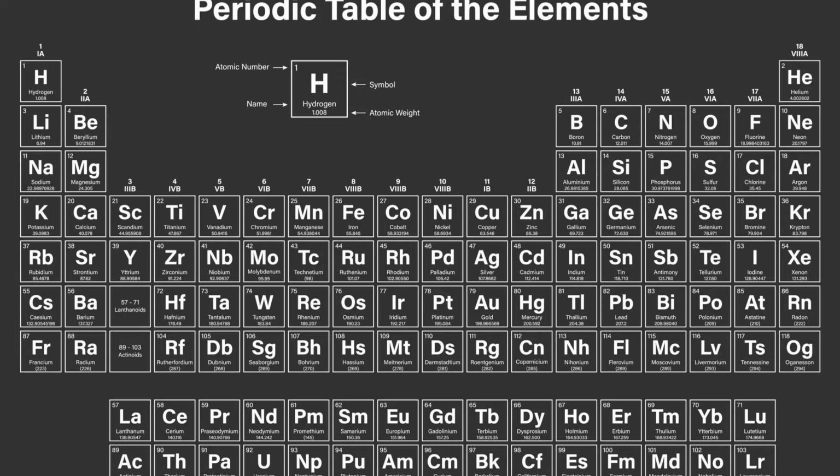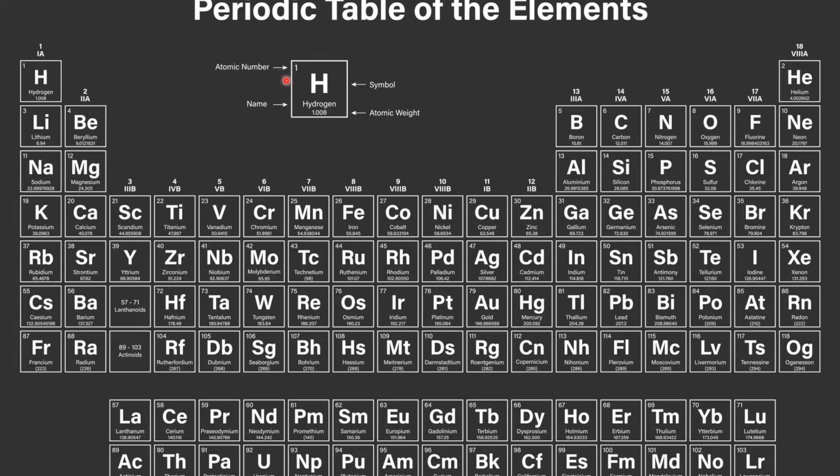So here's the periodic table of elements. If you look, we see the hydrogen box. This box here is the same as this box over here, the hydrogen box over here. It's just bigger. So in this box, we have a couple different things. First, we have the atomic number, which is this number 1.